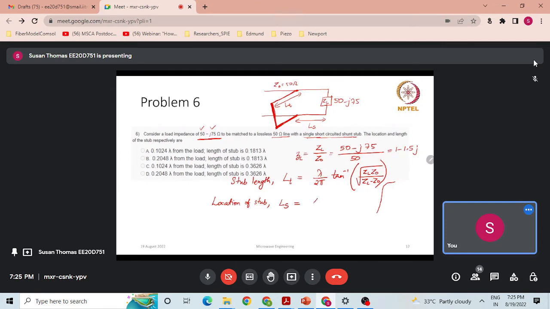And the other, the location of the stub, is lambda by 2 pi tan inverse of root of ZL by Z0. So you know ZL and Z0, but you are not given the wavelength information. So you can get the stub length and location of the stub in terms of lambda. If you notice, the answer options are in terms of lambda, so you can find the answers in terms of lambda only. So this can be solved.